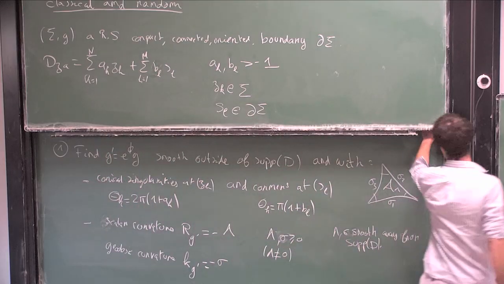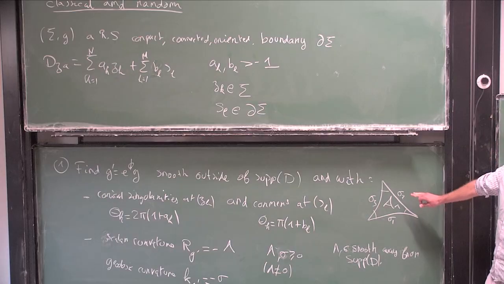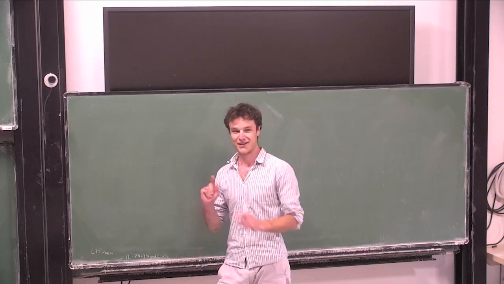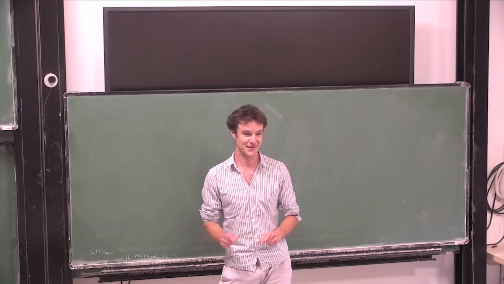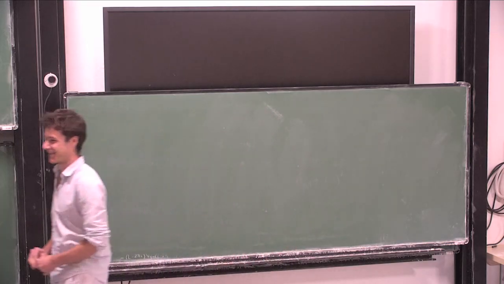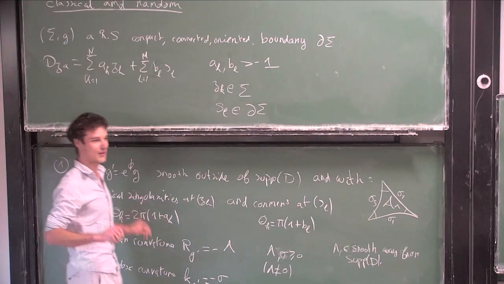Okay, so maybe this already reveals why you want to do this? I can do that either now or a bit later. I can explain the relevance of this, but maybe I would like to do it a bit later.